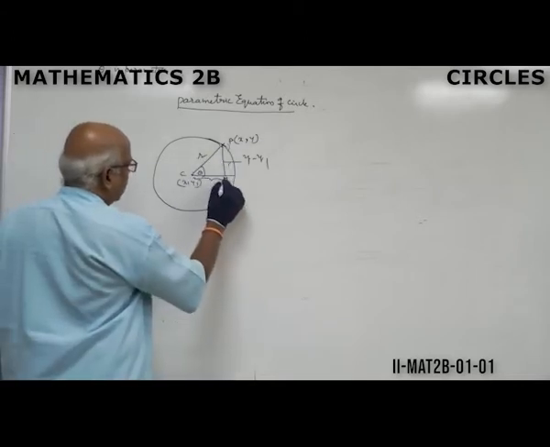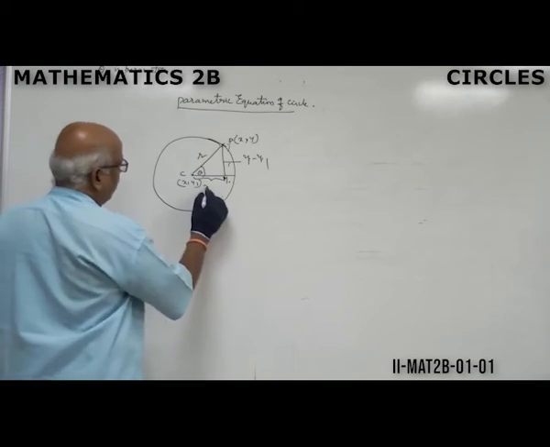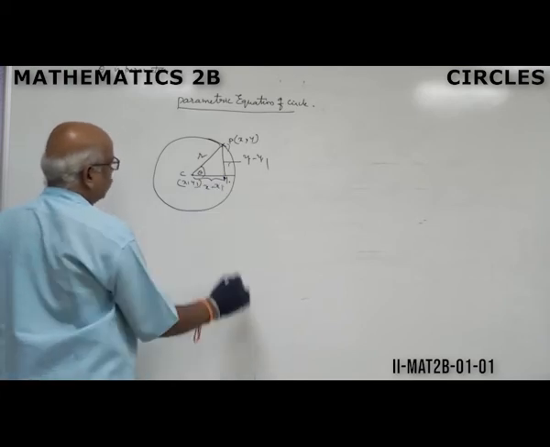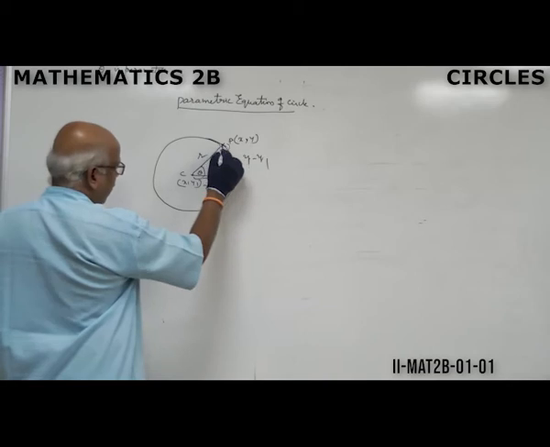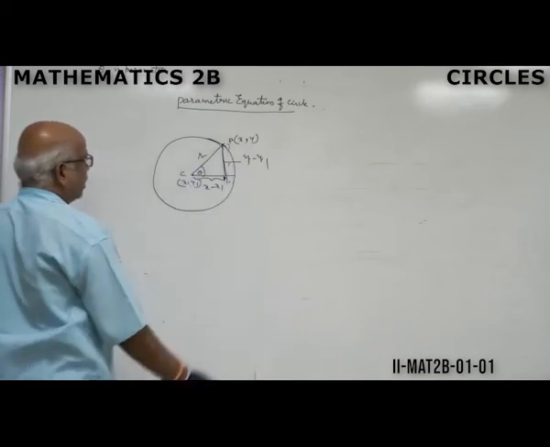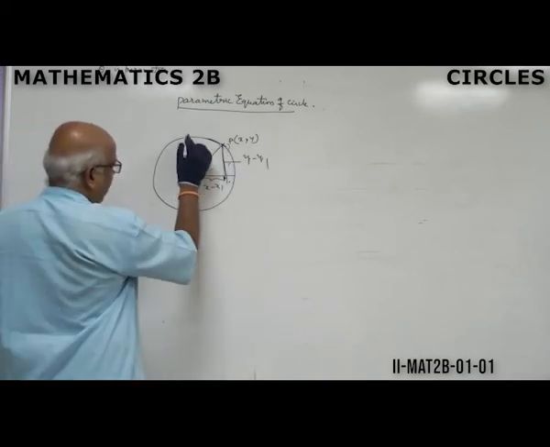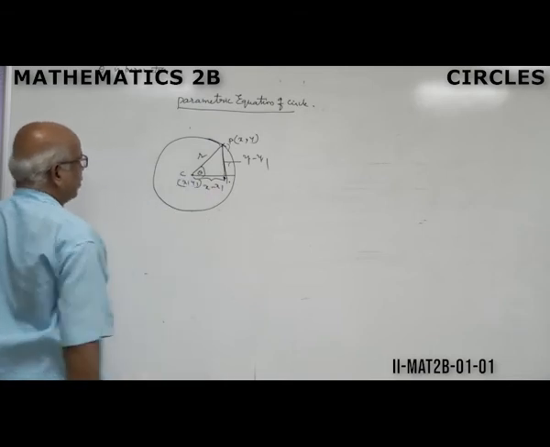And here this CM distance is x minus x1. How? On this line anywhere the x coordinate is x, and on this line anywhere the x coordinate is x1.